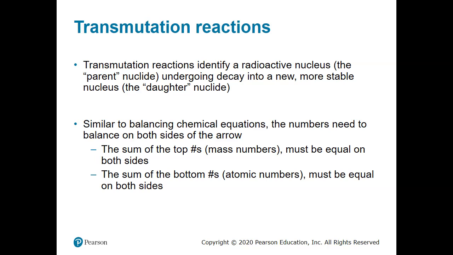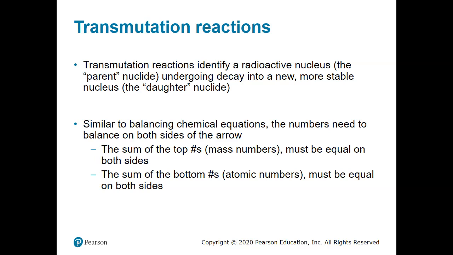The only difference is that instead of abiding by the law of conservation of matter, where we're interested in, okay, there were 35 atoms of carbon on this side and 35 atoms of carbon on this side, that's how I know it's balanced, here we are looking for nuclear balancing.